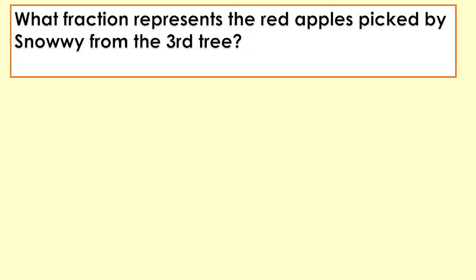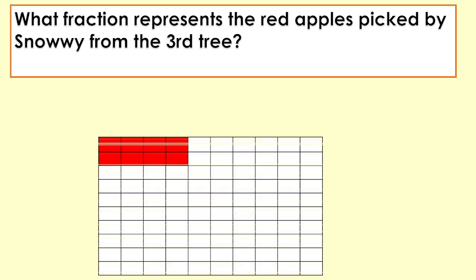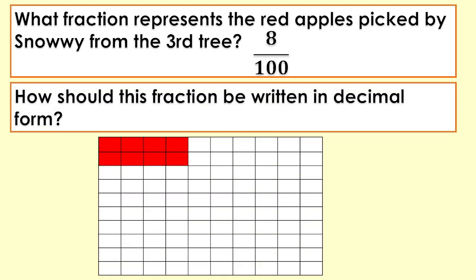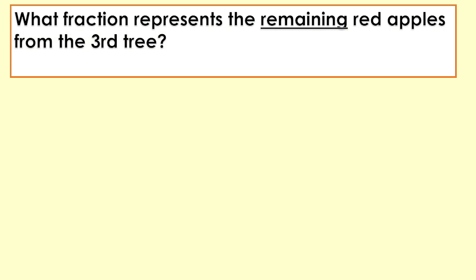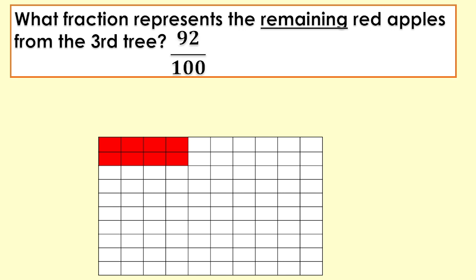What fraction represents the red apples picked by Snowy from the third tree? So the answer is 8 hundredths. How should this fraction be written in decimal form? What fraction represents the remaining red apples from the third tree? 92 hundredths.